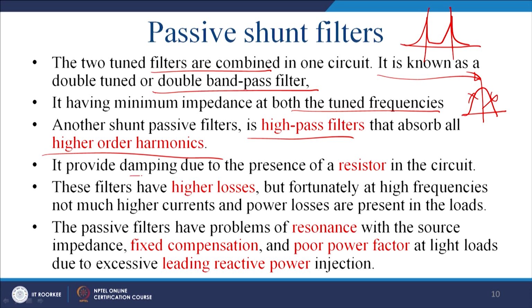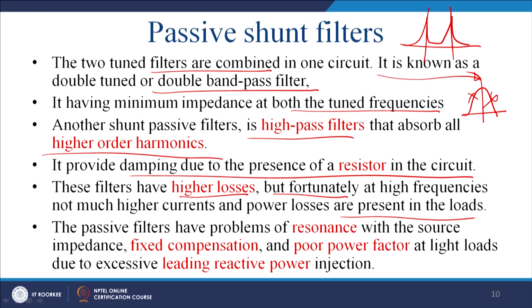It provides damping due to the presence of resistors in the circuit. Generally you have an RC network, and the RC network time constant will be close to your switching frequency. These filters have higher losses, but fortunately at higher frequencies not much current and power loss are present in the load, so their power rating is quite low.